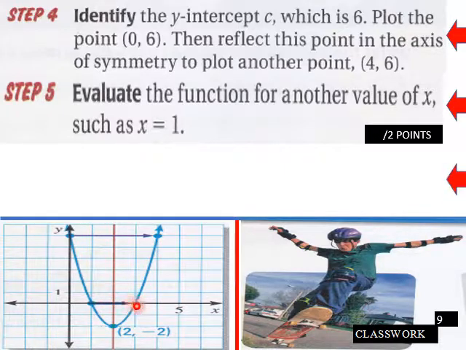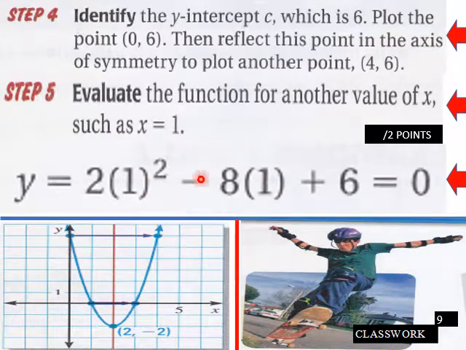For the x-intercepts, we can choose another value of x, such as x equals 1. When x equals 1, we have y equals 0. So we go over 1. When x equals 3, we'll be at 0 as well, and this is x equals 1.